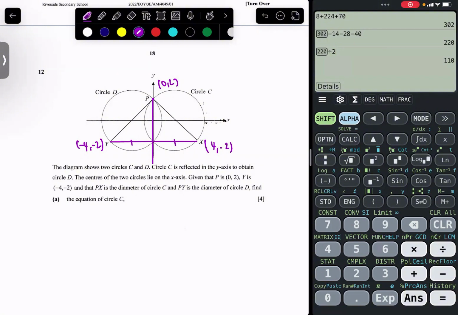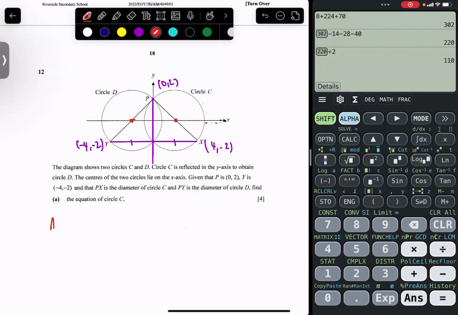Now, these two portions down here, remember they say that PX is the diameter, and the x-axis is the center. So this must be the center of the circle. The red dot must be the center of the circle. Since we want the equation of circle C, we can get the center by using the midpoint.